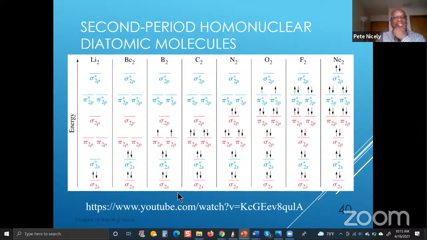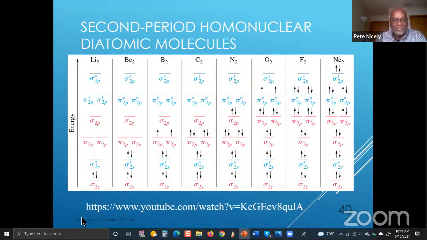And what you'll see is that there's a certain order of energy with respect to the molecular orbitals that are formed. So in the case of the lithium diatomic molecule, right, when two lithium atoms come together to form one molecule, in the valence shell, there's only one electron in the 2s orbital. So when you have the overlap of the 2s orbitals from each of the atoms, you're going to have the formation of the sigma 2s bonding and anti-bonding orbitals, and you have the others as well as a result of the overlap of other orbitals.